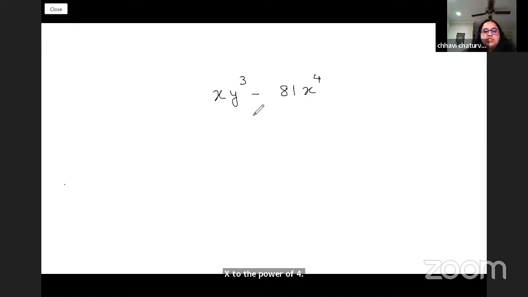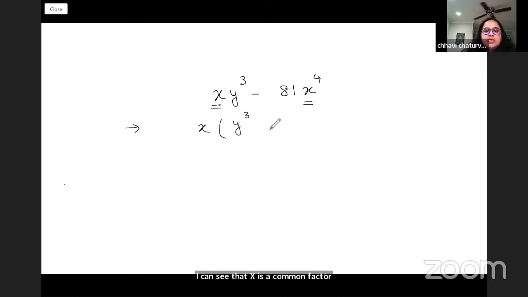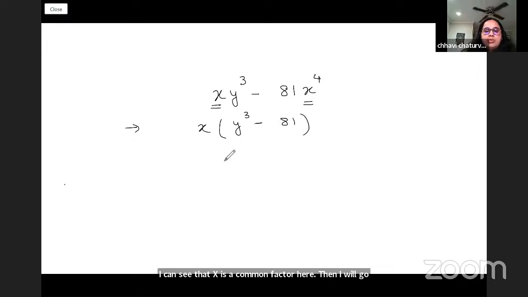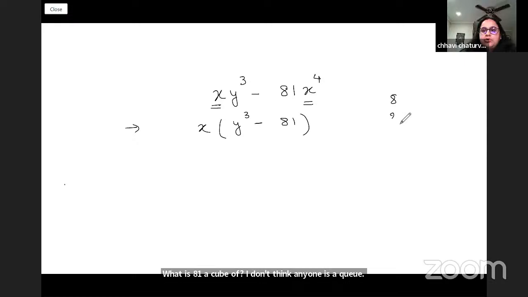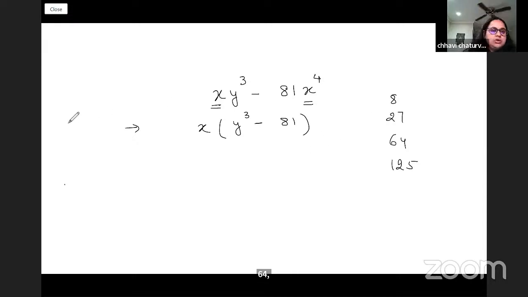First, check if you have a GCF that you should factor out. I can see that x is a common factor here. Then I will go ahead and factor out x, which will leave me with y cubed and 81. What is 81 a cube of? I don't think 81 is a cube. We have 8, 27, 64, 125. 81 is not a cube.